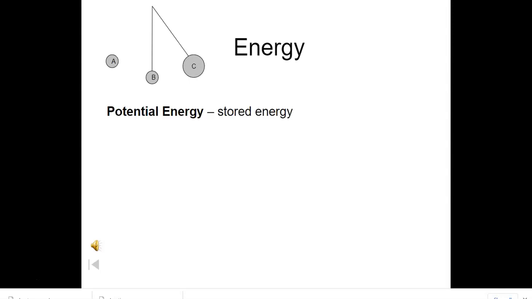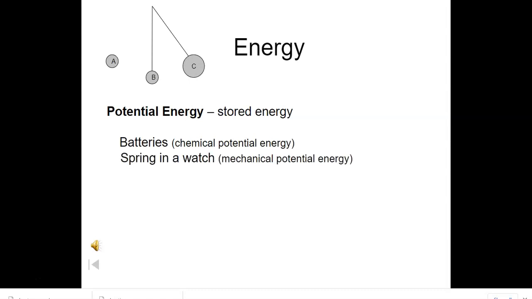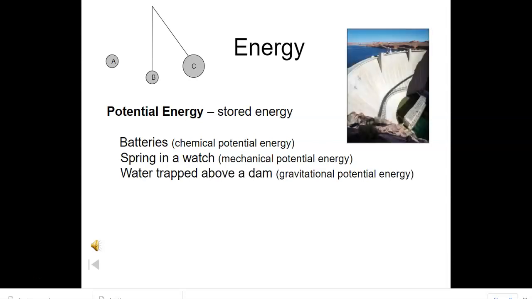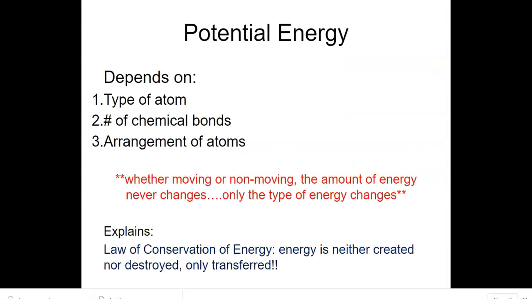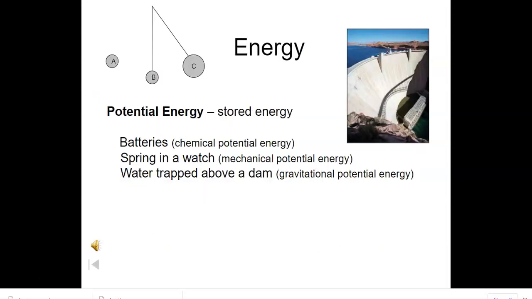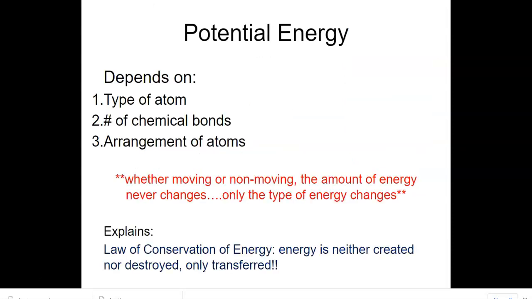So potential energy is stored. Things like your batteries, a spring in a watch, water in a dam. And they have all different types of potential energy. So some are chemical, some are mechanical, things like that. Potential energy inside of a reaction depends on the atom, the number of bonds, and how they're arranged.